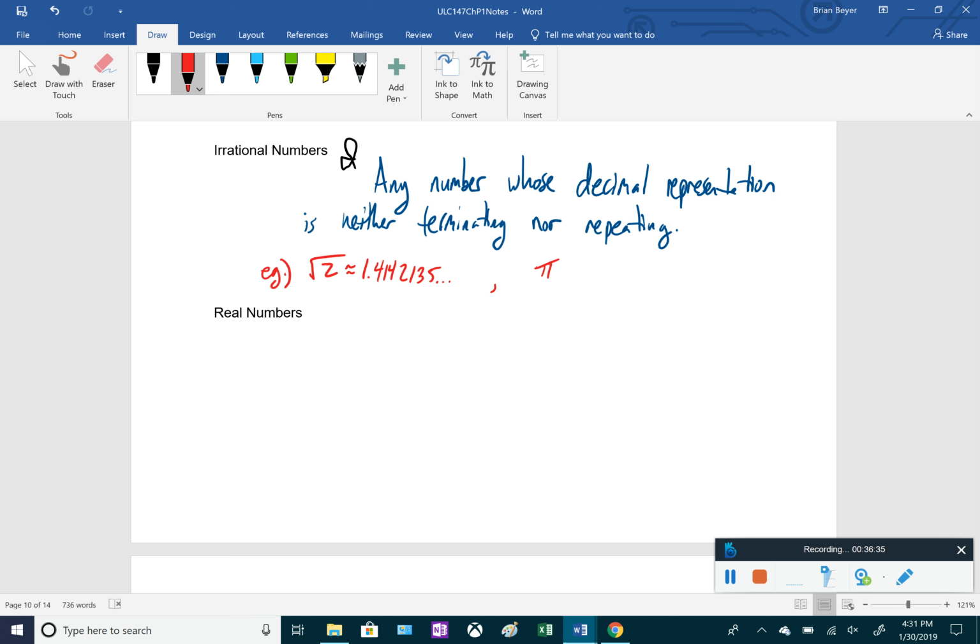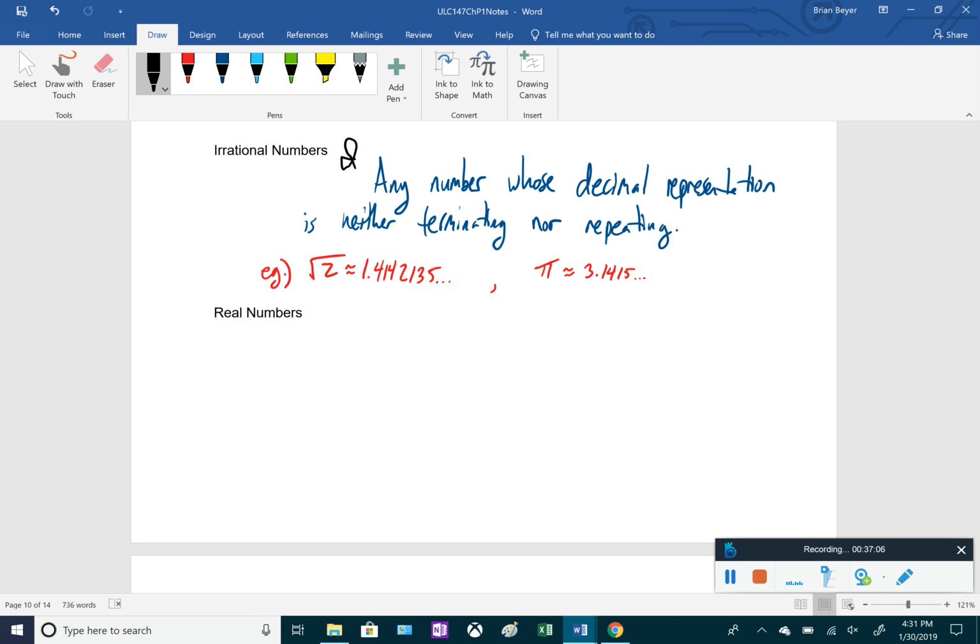Hopefully you remember pi. Pi is approximately 3.1415 and so on. That's also going to go on forever, and it's never going to repeat itself. So radical 3 is irrational, radical 5 is irrational, radical 7, radical 11. A lot of radicals are irrational numbers, because we cannot write them as a ratio of two integers.